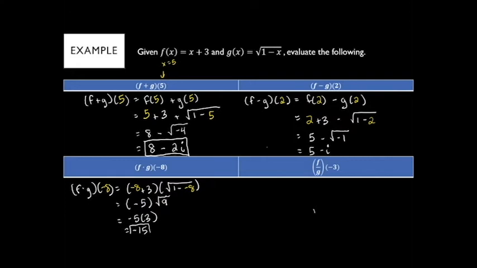Now on the right, we have our fraction. So f over g of x from the previous slide was x plus 3 over the square root of 1 minus x. So we have f over g, and then in parentheses we have -3. So -3 is everywhere we see x.